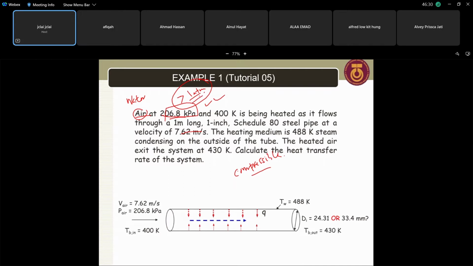Then you need to consider pressure. Okay, if you still remember what you learned in thermodynamics, PV equals nRT, right? Then you need to do some correction.